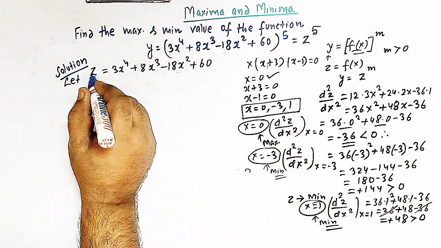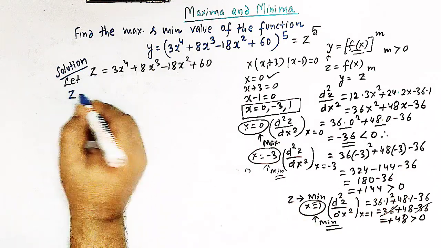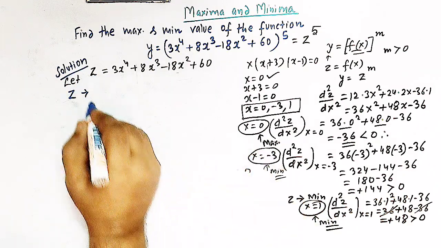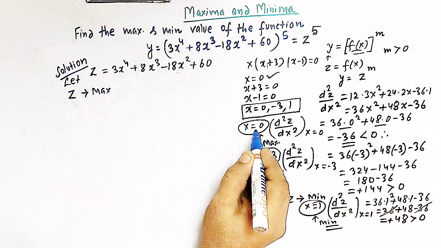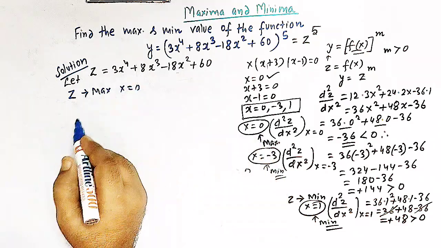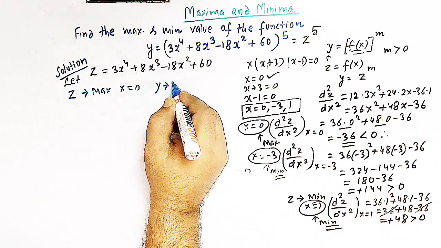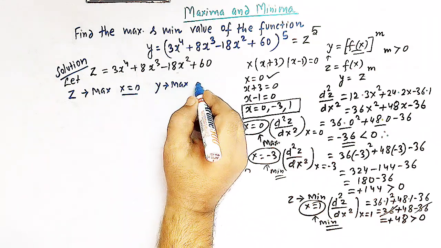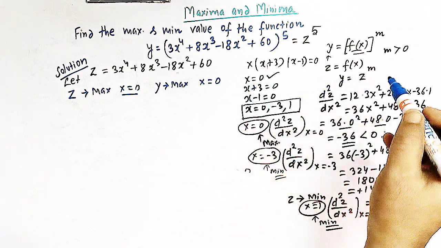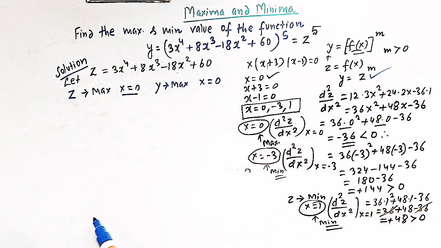So now this function z is maximum at this point x is equal to 0. So therefore this function y is also maximum at this point x is equal to 0 by this rule, right?